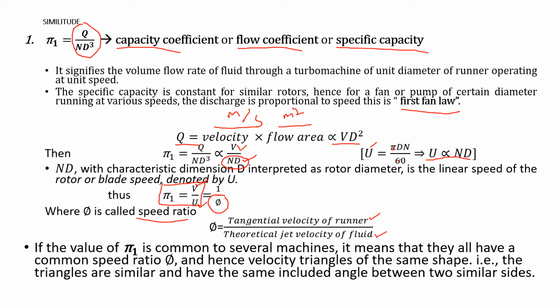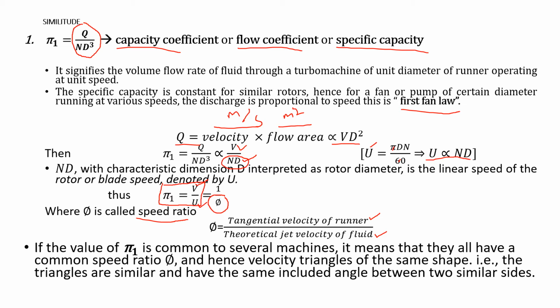Now if this pi 1 term Q by ND cube is common for several machines, if there are many machines and this Q by ND cube is common, it means that they all have the same speed ratio, V by U. Hence the velocity triangles will be of the same shape.